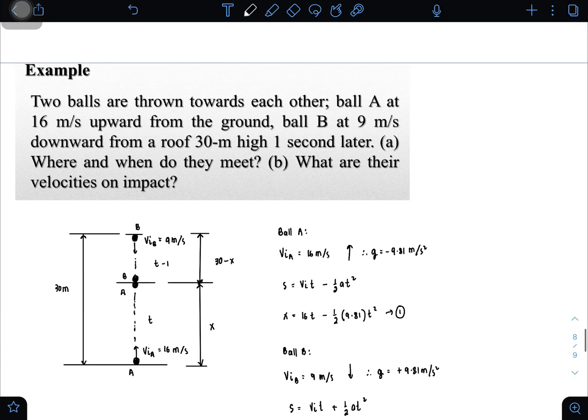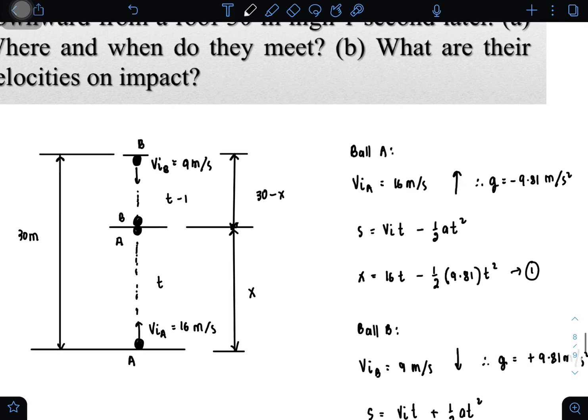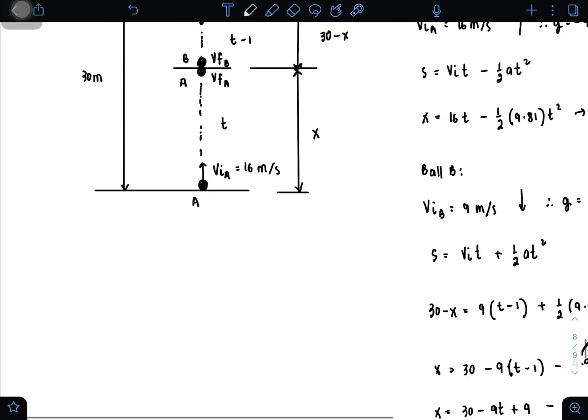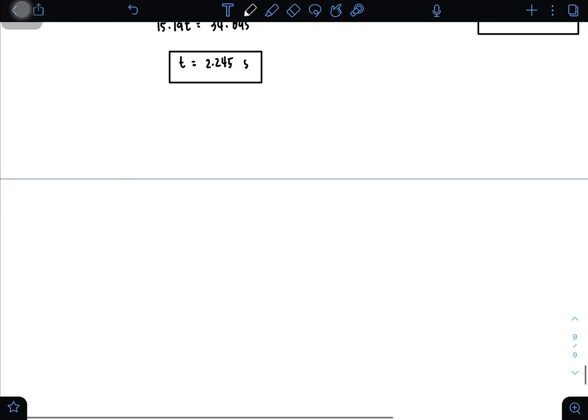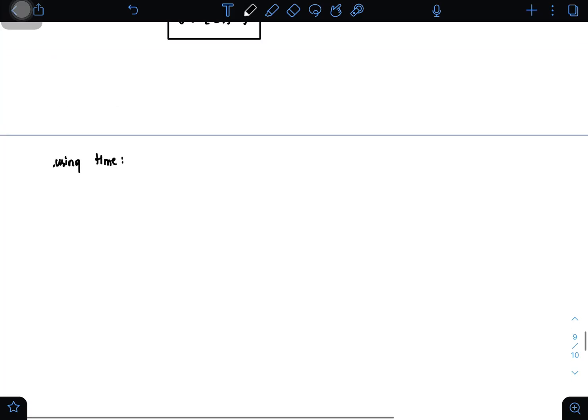So what are their velocities on impact? So we're going to find the final velocity of B and the final velocity of A. So we're going to use these distances, or we can use the time, that one. Okay, so using time, we're going to have final velocity equal to the initial velocity plus or minus acceleration times time.